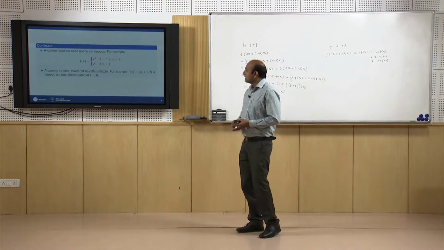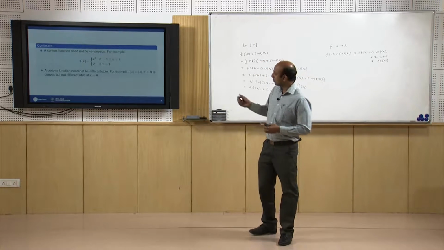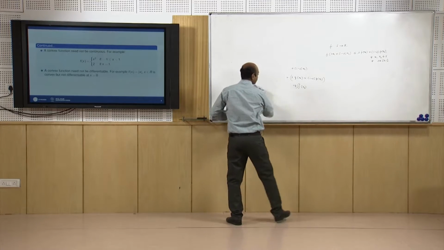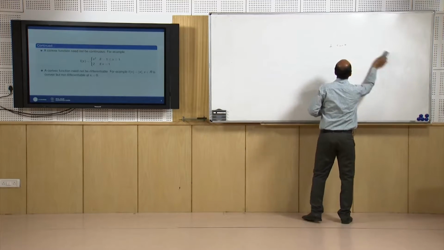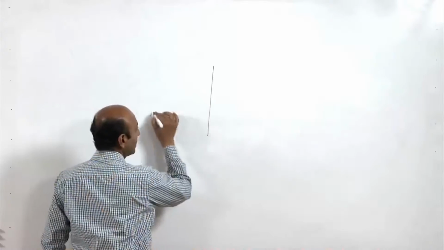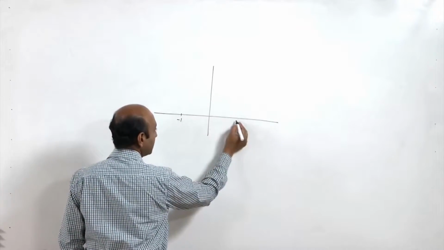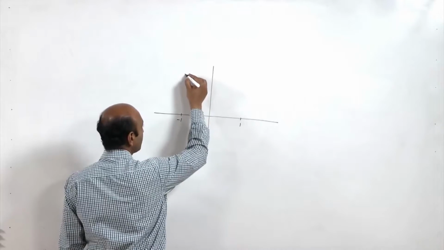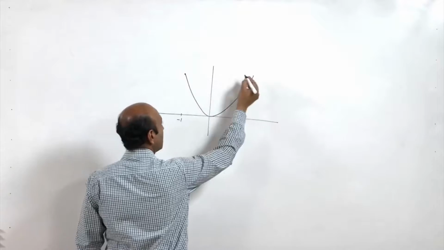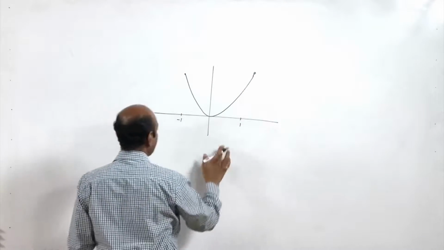Okay. The next property is that a convex function need not be continuous. Suppose you have this example. From minus 1 to plus 1 it is x square, and at 1 it is 2.